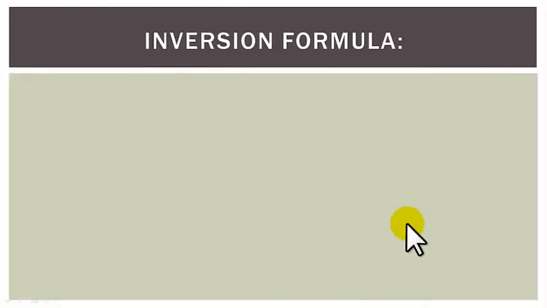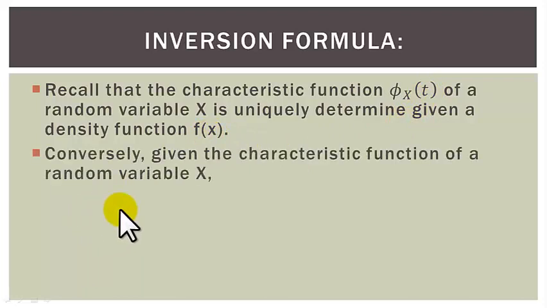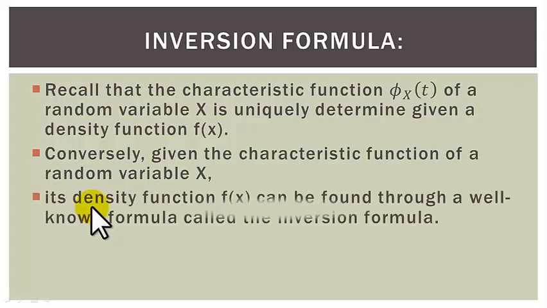The inversion formula. Recall that the characteristic function phi x of t of a random variable x is uniquely determined given a density function f of x. Conversely, given the characteristic function of a random variable x, its density function f of x can be determined through a well-known formula called the inversion formula.